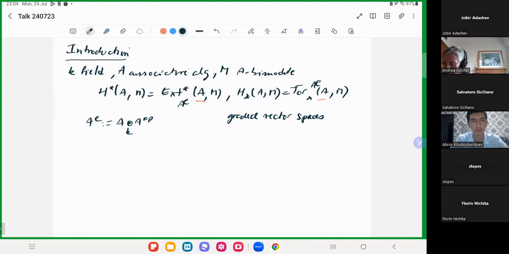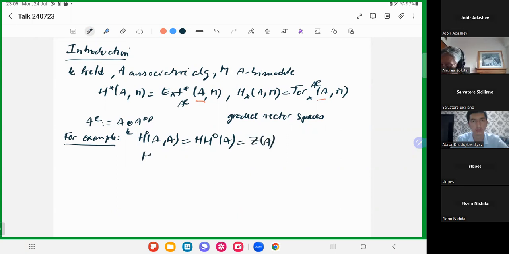For example, the Hochschild cohomology of A with coefficients in A, which I will denote with double H of A: if we compute it in degree 0, we just obtain the center of the algebra.